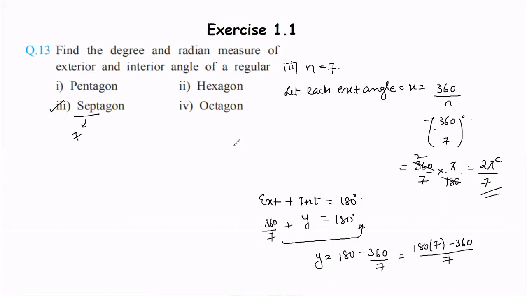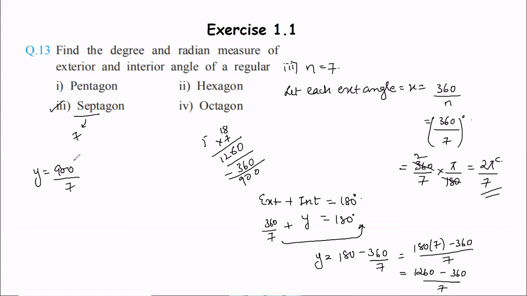Let's calculate. 18 into 7, you will get 126, then 0. So you are getting 1260 minus 360 by 7. Solving it over here, it's crowded, but 1260 minus 360, you should get 900. So 900 by 7 in this case.